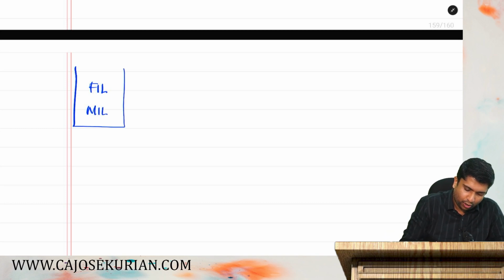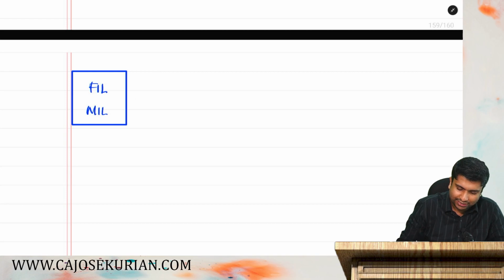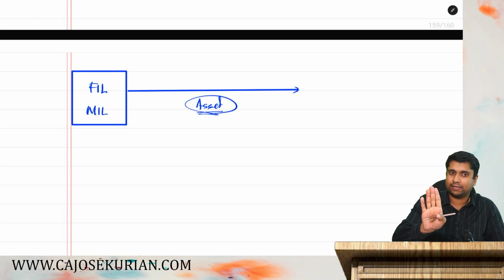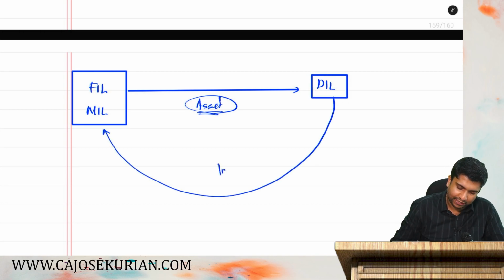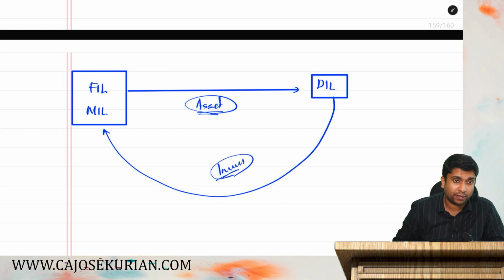So the father-in-law or mother-in-law transfers any asset, any income generating asset. When I say asset now, it is always an income generating asset, to the daughter-in-law. Then the entire income from that asset has to be clubbed in the hands of the father-in-law or mother-in-law. That's what the department says.